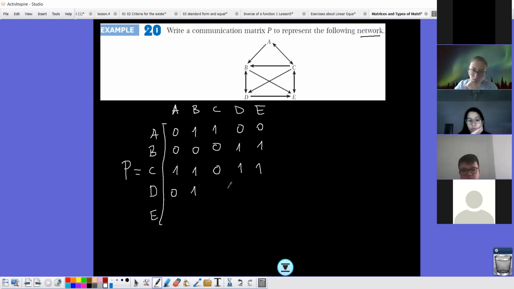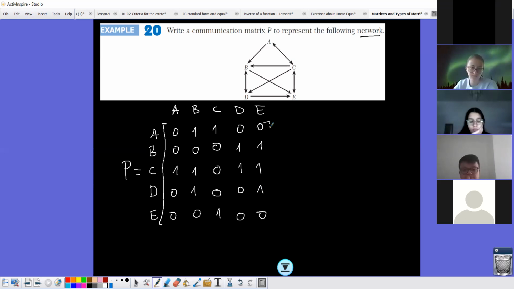Then 0, 0, 0, again 0, and 1, and 1. And the last one? 0, 0, 0, 0, 1. From E, again 0, this is 0, and the last one is 0.